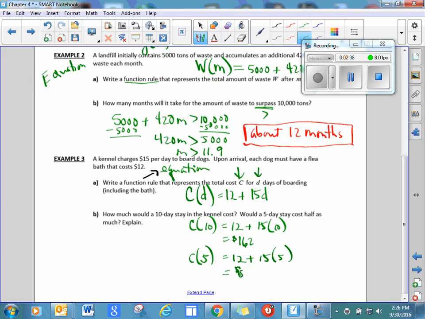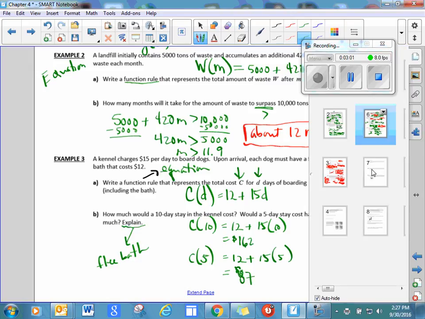So no, that's not half of 162, and the explanation is the flea bath. Because of the flea bath, you can't cut the cost of the flea bath in half. Just because you stay fewer days, it's still $12.